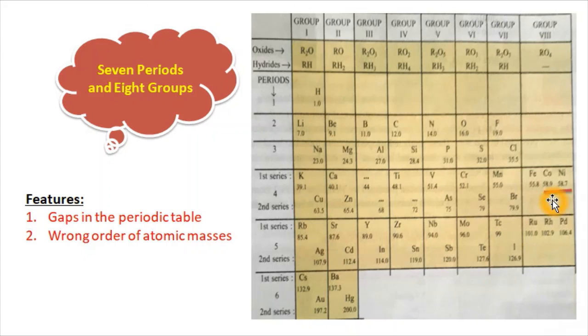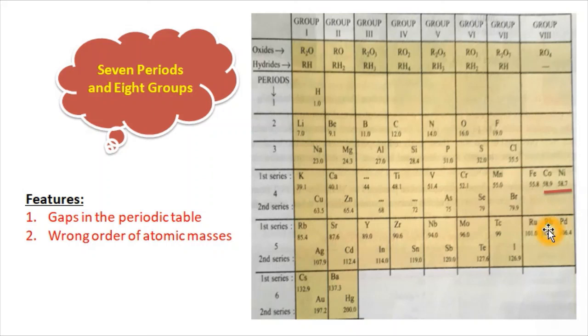But you can see here, cobalt has the atomic mass of 58.9, and nickel has the atomic mass of 58.7. Which has a lower atomic mass? Nickel. So nickel should come before cobalt, but he has placed cobalt before nickel. He has placed higher atomic mass before lower atomic mass just to make the properties similar, to make the elements fall under the same group, so that the properties should match.